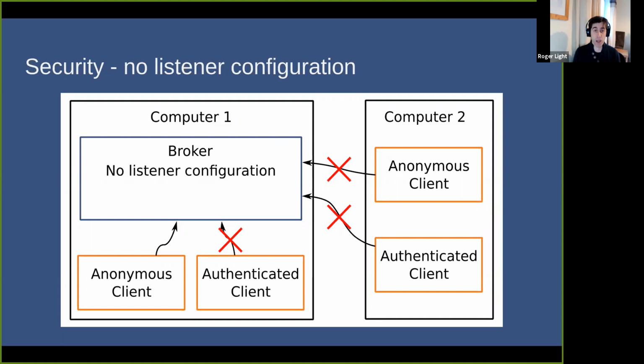You'll be able to connect from the local computer with an anonymous client, but nothing from a remote computer. So that means you can do testing, the build tests, continuous integration will still run, for example, for our side of things, and anybody wanting to do testing on their local machine will be fine.